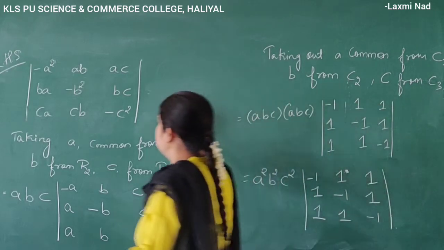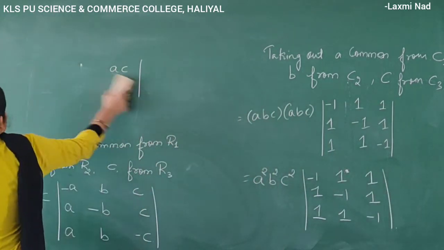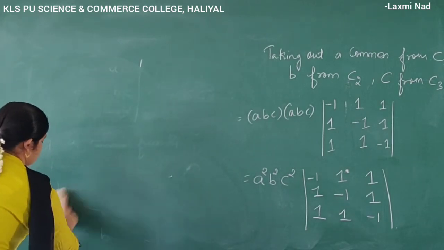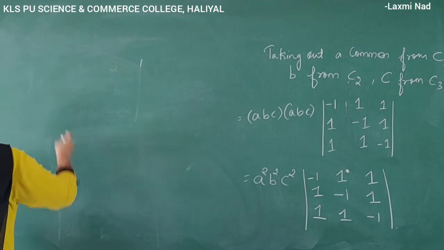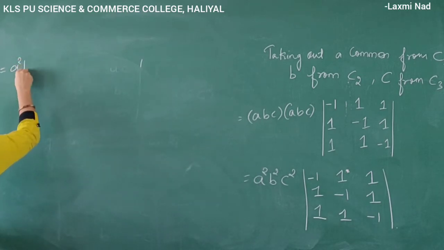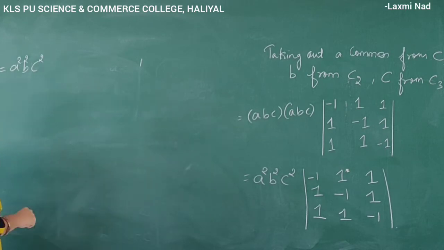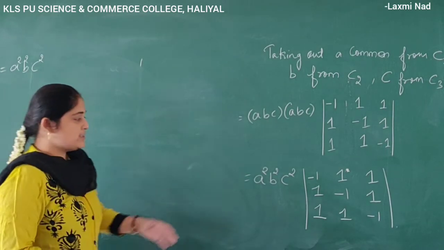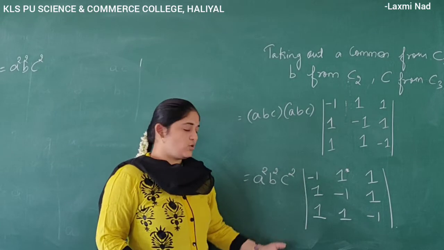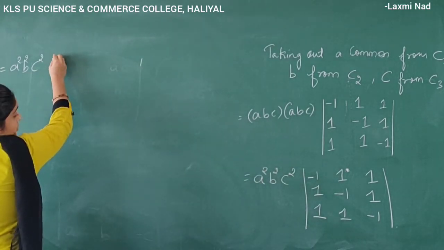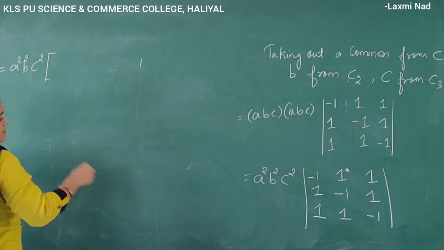See here. What will we get? a square, b square, c square, and I am expanding along the first row. You may expand along the first row or first column. So I am expanding along C1, the first column.